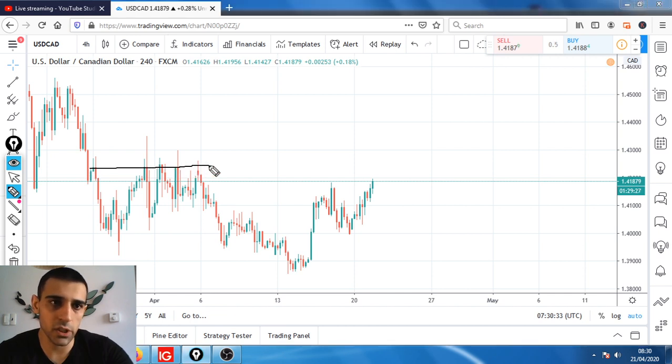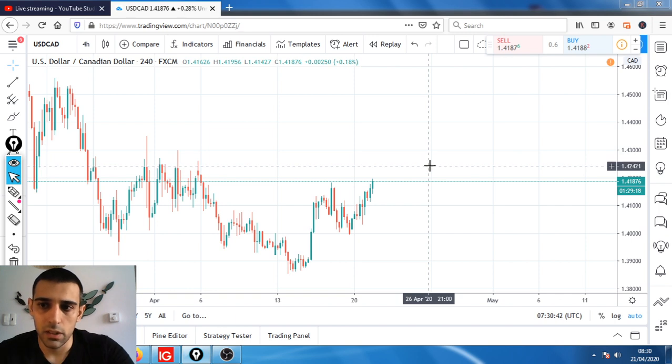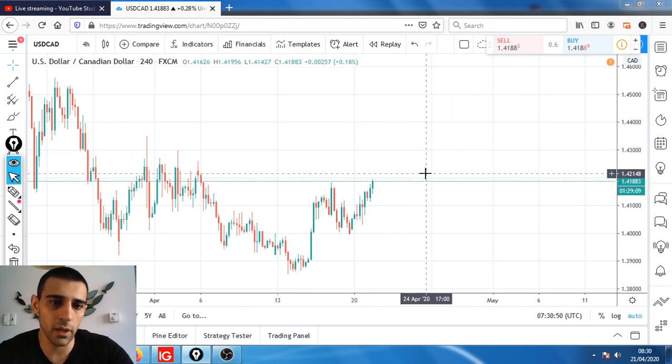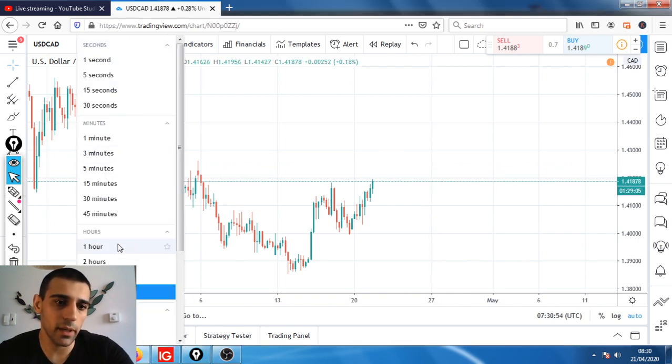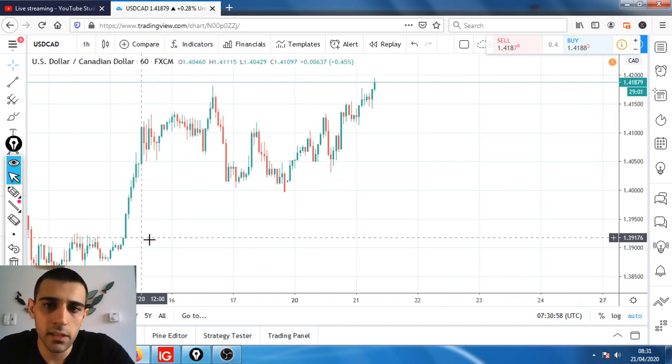There's loads of price action going on in the 4-hourly time frame, so we could target this area. Let's see, 142.40 is still a good 50 pips away, so we can target that one. So let's go to the 1-hourly time frame and see if the price has some retracement.